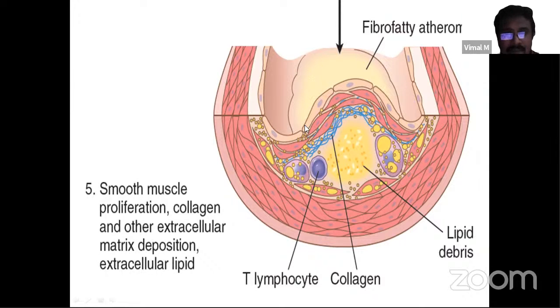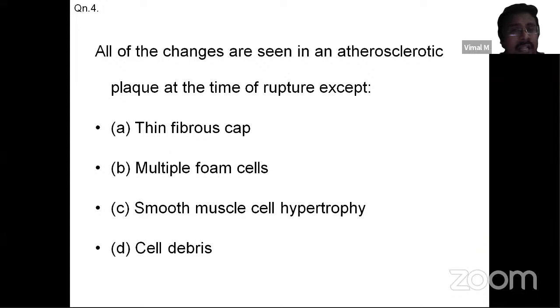Now, the endothelial injury that happened initially slowly tries to heal, and the endothelium will be just overlying that fibrous cap. Now our question is asking: all these changes are seen in an atherosclerotic plaque at the time of rupture, except which? You can see a thin fibrous cap, multiple foam cells, and cell debris, but you cannot see smooth muscle cell hypertrophy.